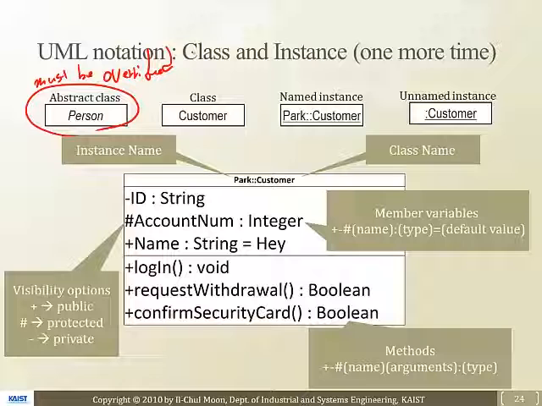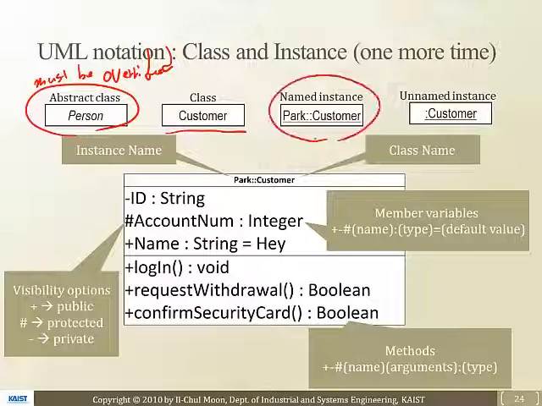Override it to get rid of the abstract part of the methods. This is called an abstract class, and this is just a regular class. And we all know this named instance. We have a variable named Park, and it is a realized instance of class customer. And sometimes we use objects which are not assigned to a certain variable, but they are there, and that is called an unnamed instance, like this, right?